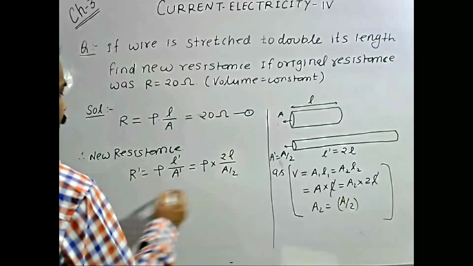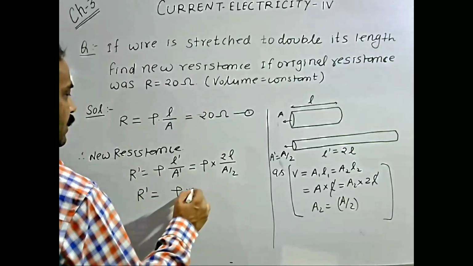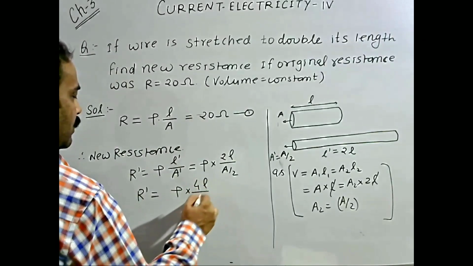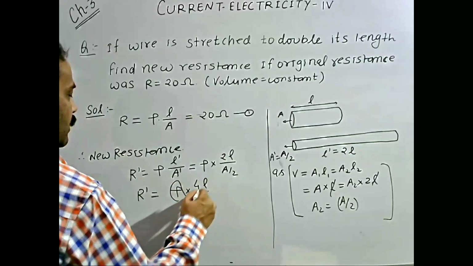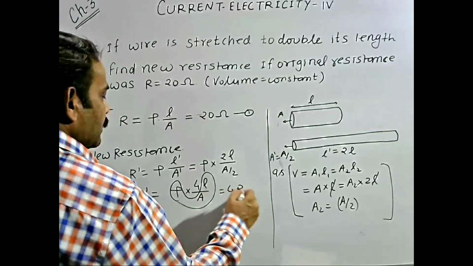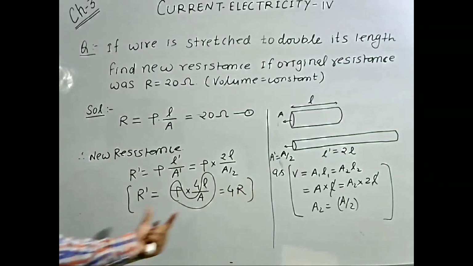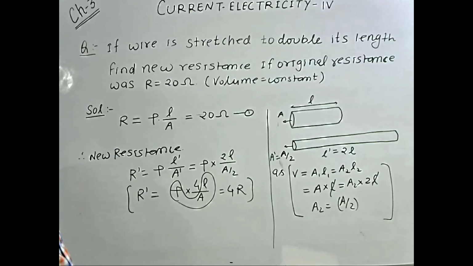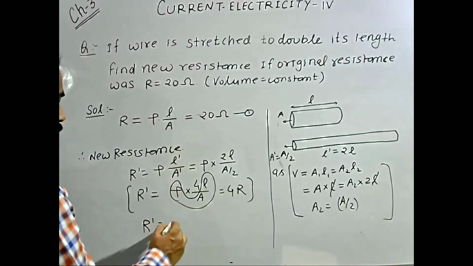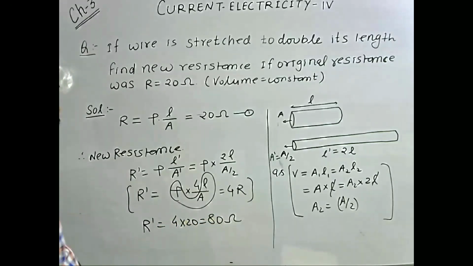So R dash will be equal to rho into 4L upon A. Now the value of rho L upon A is equal to R. So the resistance of the conductor on stretching becomes 4 times if length is doubled. So according to the question, R is equal to 20 ohm. So 4 into 20, and this is equal to 80 ohm. Clear? Please note down.